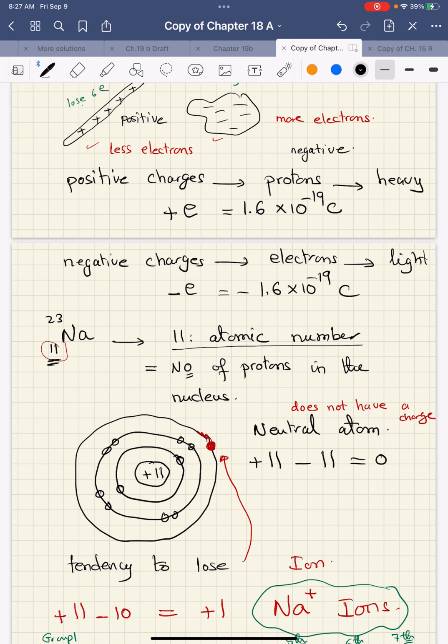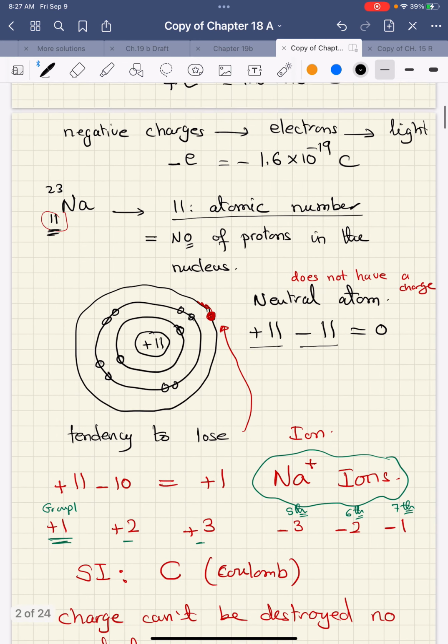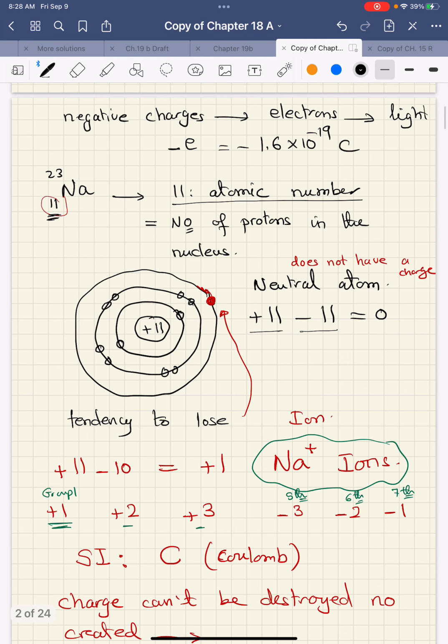Because we have 11 protons, plus 11, and 11 electrons, negative 11, then plus 11 minus 11 is 0. But this atom has the tendency to lose electrons, and therefore it will lose that one, which is by itself, and is going to show as plus 11 minus 10, which is plus 1. That one we call an ion, and we call it the Na plus ion.